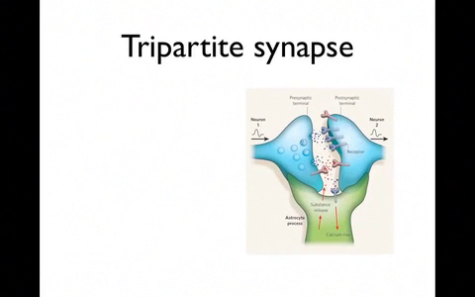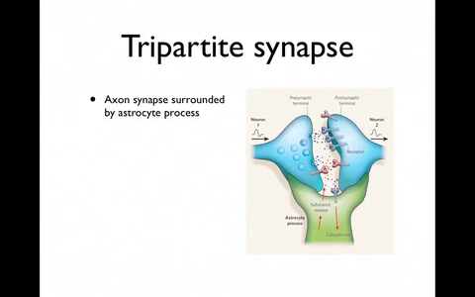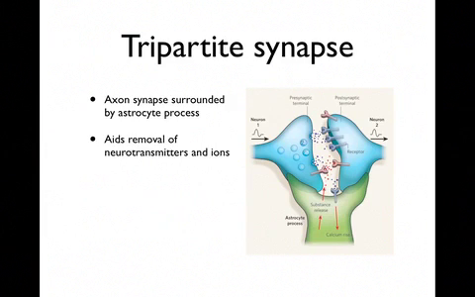Now, if we zoom into that synapse, we see what we call a tripartite synapse. This is made up of a presynaptic terminal and a postsynaptic terminal, the synaptic cleft, and then an astrocyte process, which comes around and surrounds the entire synapse and the cleft, closing off the environment from the outside. And it very much aids removal of neurotransmitters and ions, specifically calcium, sodium, potassium ions, as well as neurotransmitters.